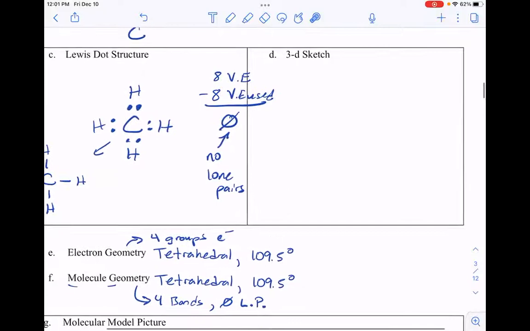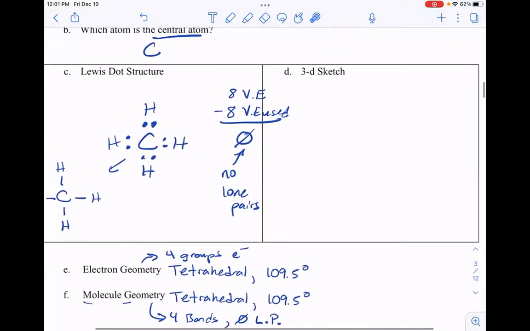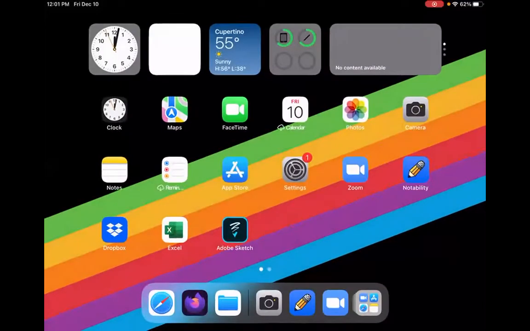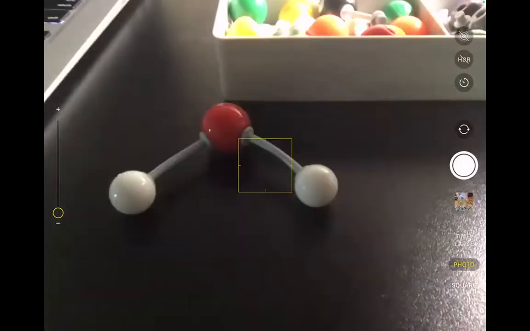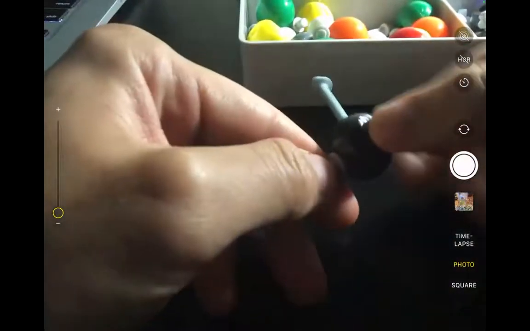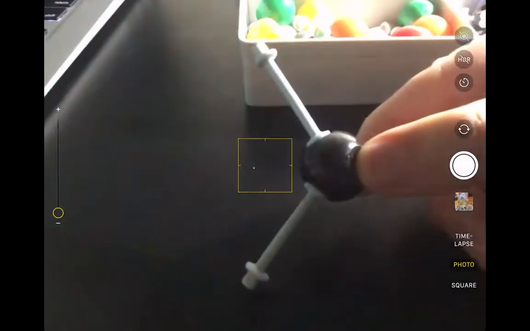This is CH4. So this is tetrahedral. So we have carbon and hydrogens. So we're going to go ahead and take a black sphere. Then notice that there's 4 holes. So 1, 2, and then 3, 4, where you guys see the bonds are sticking out.